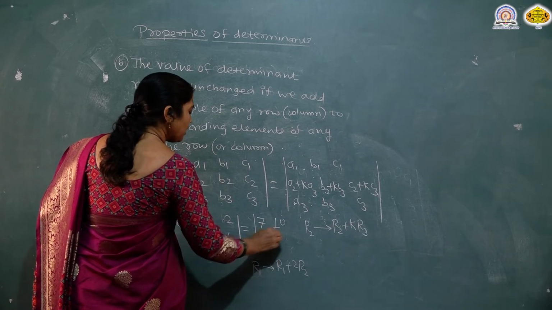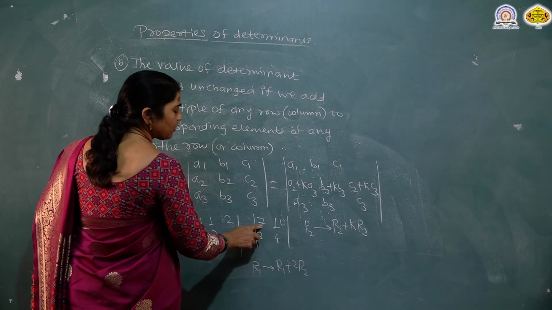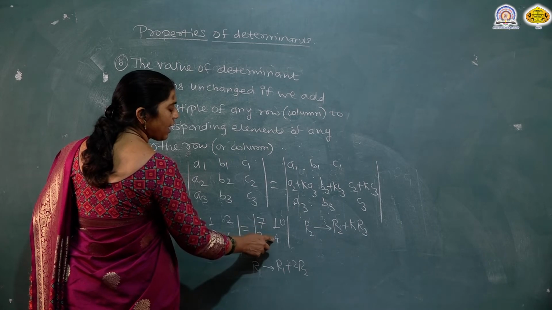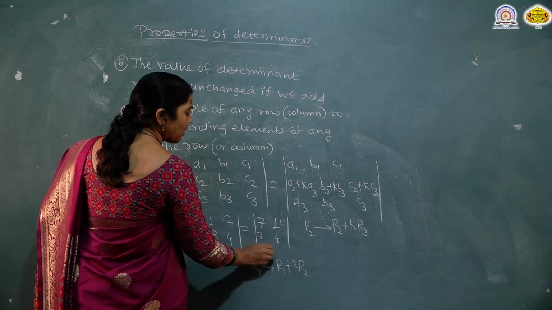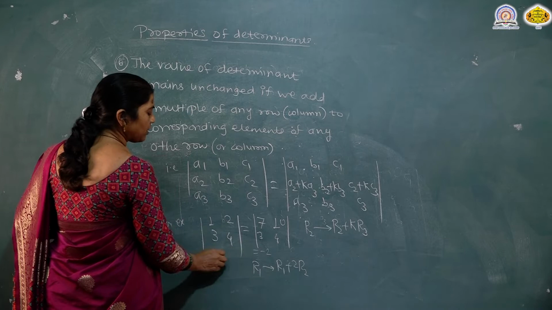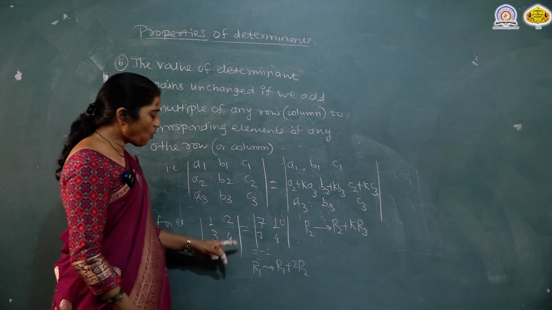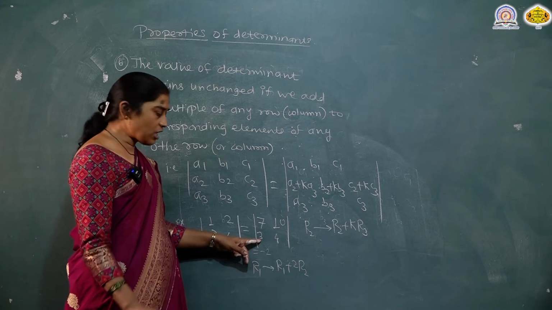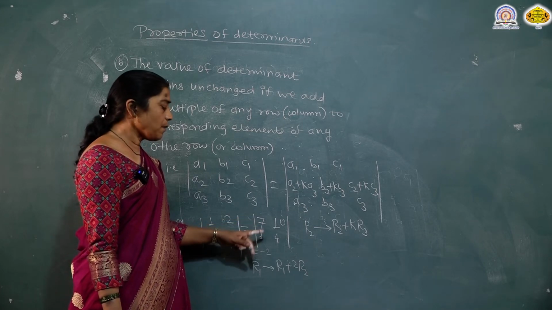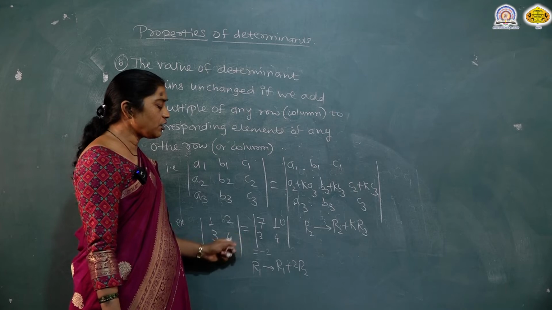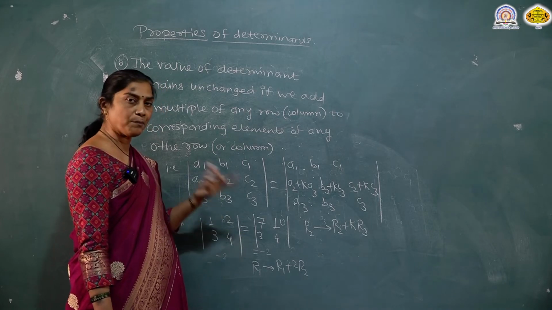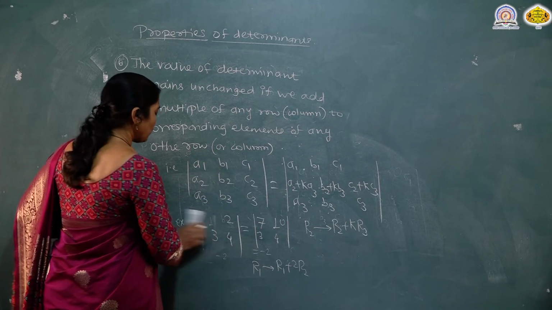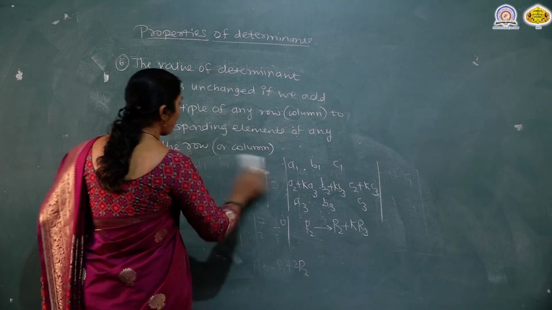If you consider this determinant, observe that it is nothing but 28 minus 30, that is minus 2, and this determinant is also minus 2. Because we are adding 2 multiple of second row to first row, the value of the determinant remains unchanged. The same happens in column also. So that is the next property of determinant.